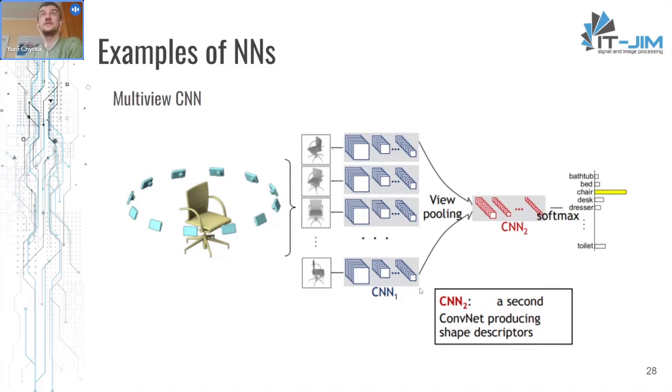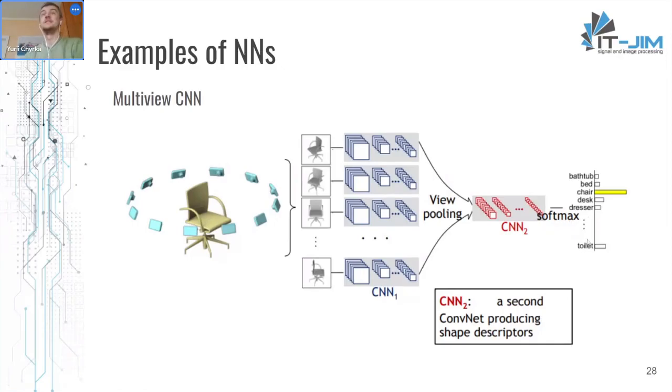When we extract features from each view, we do view pooling and extract either the maximum or average value from these features, and then apply a second-stage convolutional neural network block to extract even more detailed, finer features, and after that make our final prediction.